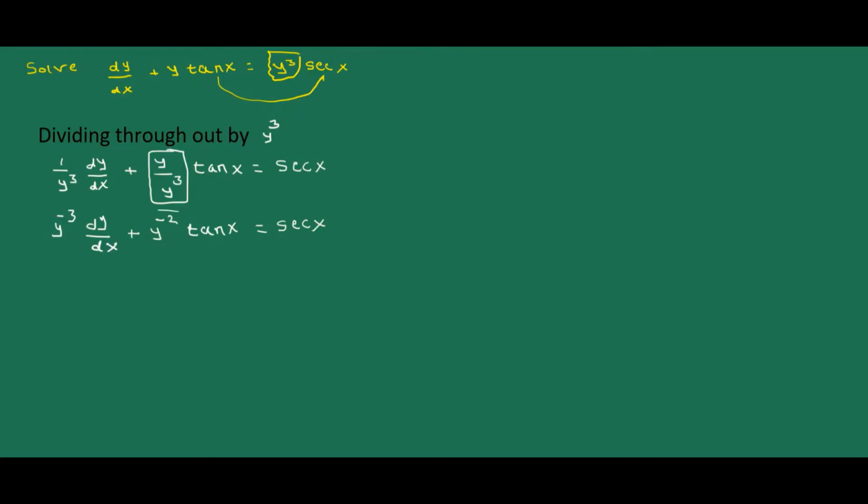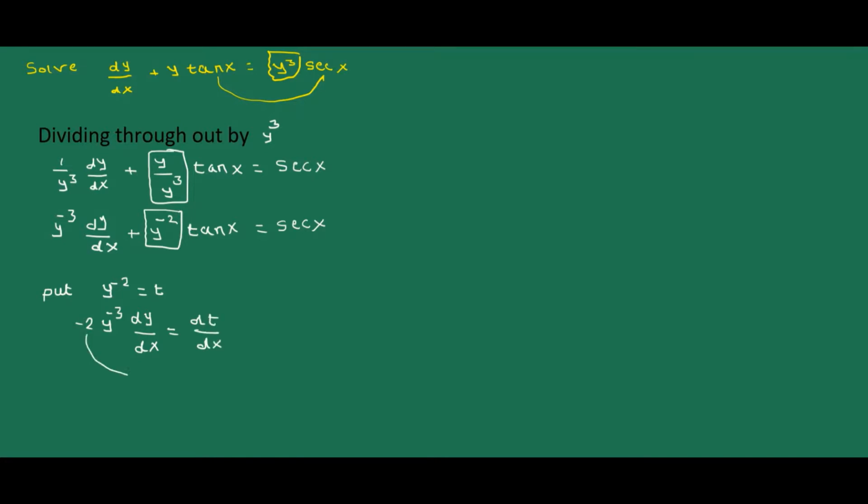So now here the coefficient of x is y raised to minus 2. So put y raised to minus 2 is equal to t. Then what is the differentiation? Minus 2 into y raised to minus 3 into dy by dx is equal to dt divided by dx.